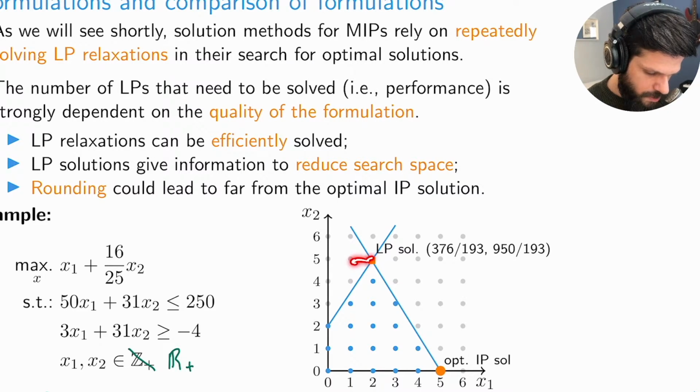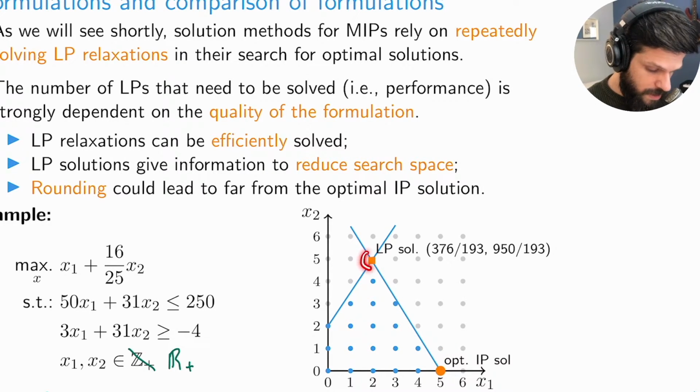The only way to get a feasible point is if you end up rounding x2 to 4 and x1 to 2. So you get this point. And even then, it turns out that your optimal integer program point is this one right there. So you are miles away from your optimal solution. There is no way by rounding that you can get to this point at all.